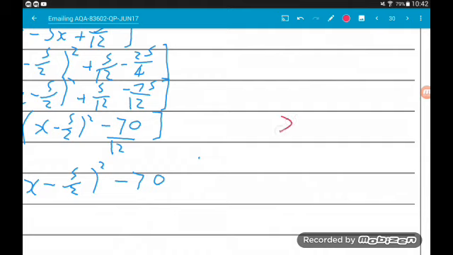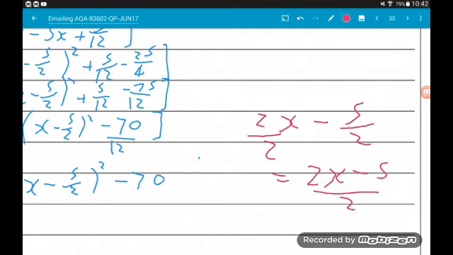So we've got x minus 5 over 2. How can we turn that into a single fraction? Let's think about this in terms of common denominators. Multiply x by 2 over 2, then we get 2x over 2 minus 5 over 2. So we get 2x minus 5 all over 2.